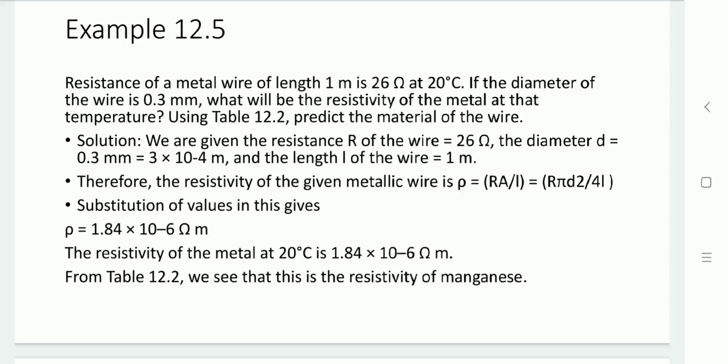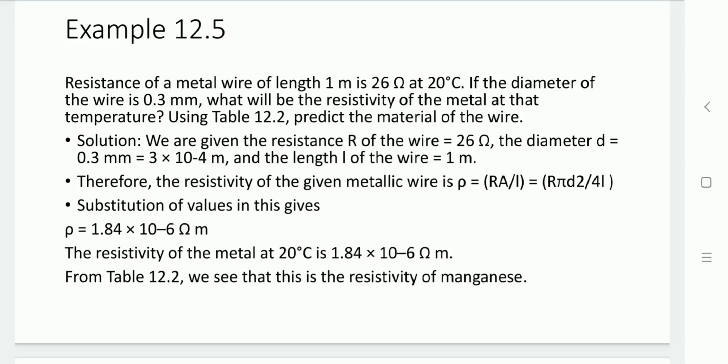To predict the material of the wire, we need to find its resistivity. To get that resistivity, we need to take the other parameters. Resistance R is given as 26 ohm. Diameter is given as 0.3 millimeter, converted into meter, so 3 into 10 raised to minus 4 meter. Length of the wire L is 1 meter.